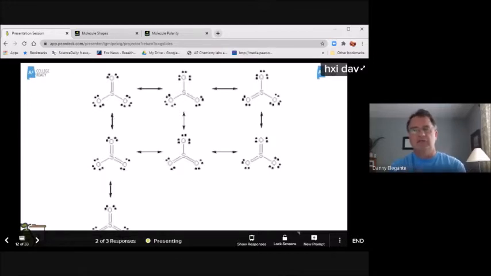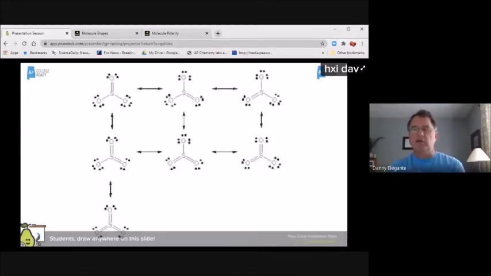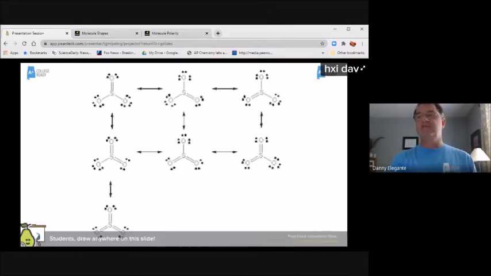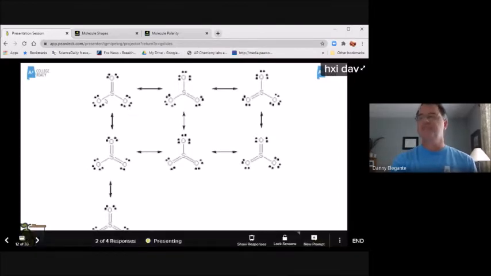So sulfur would be 6 minus 0 in lone pairs around it, minus half of 8. And for the very first molecule that you see there, sulfur would have a formal charge of -2. No, sorry, +2. 6 minus 0 minus half of 8.